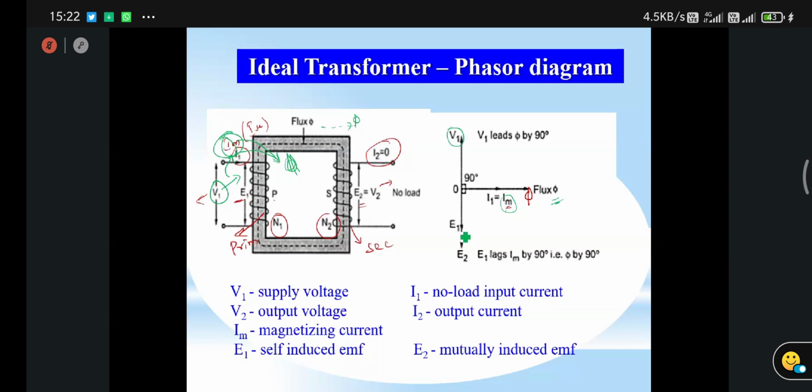According to the principle of operation, with respect to flux, E1 is always lagging by 90 degrees. Similarly, E2 also lags the flux by 90 degrees here.